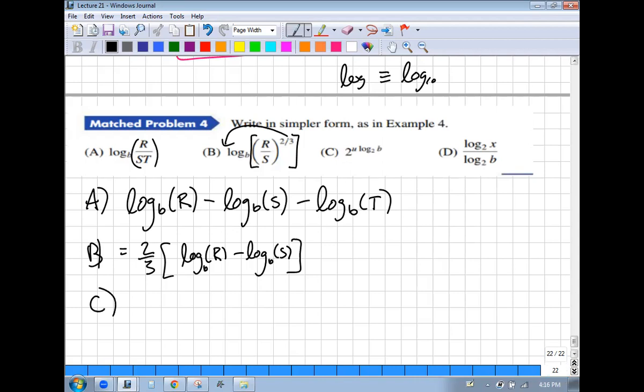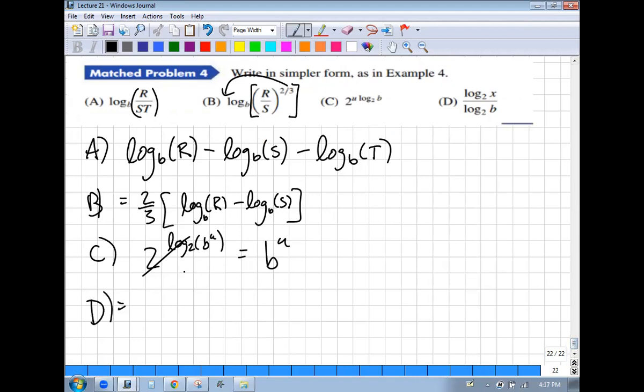All right, this one here, we can't do this because this u is in the way. But we could take this u and put it in here as an exponent. This is log base 2. We could bring that u in as an exponent. Now the 2 to the log base 2 undo one another, and we have a b to the u.